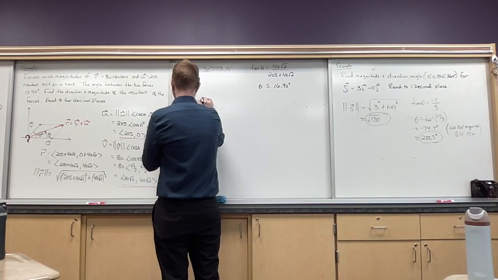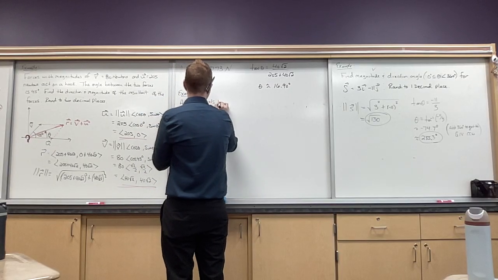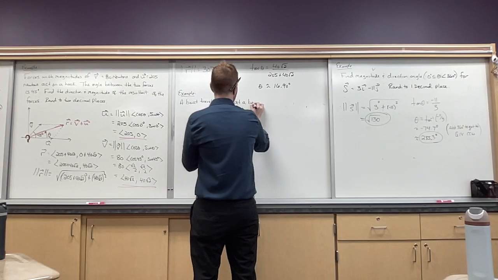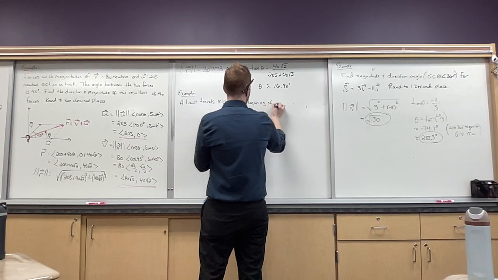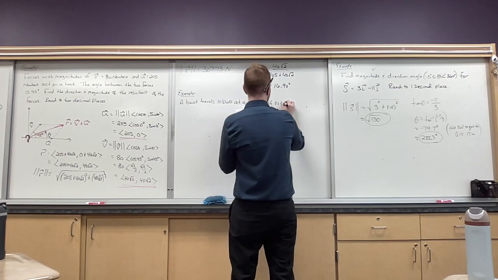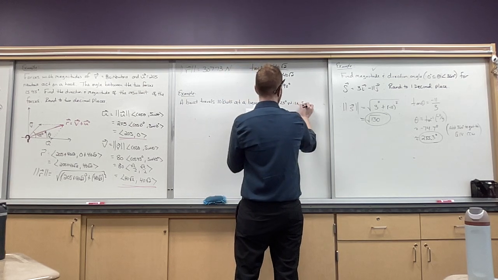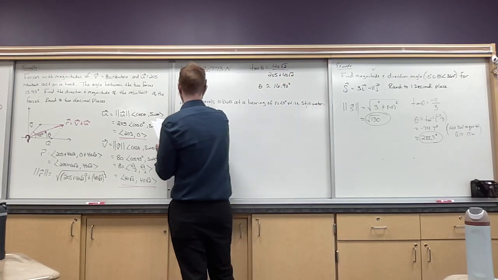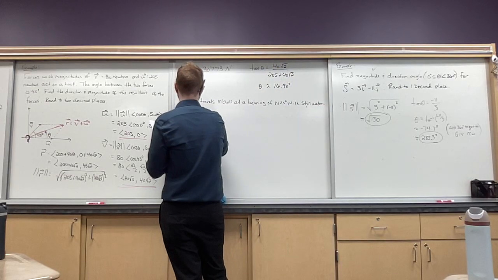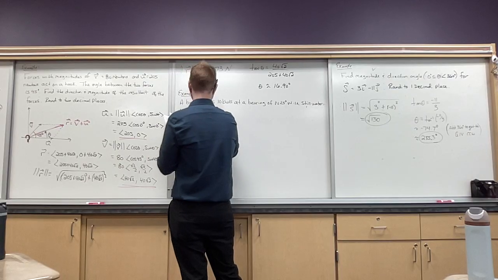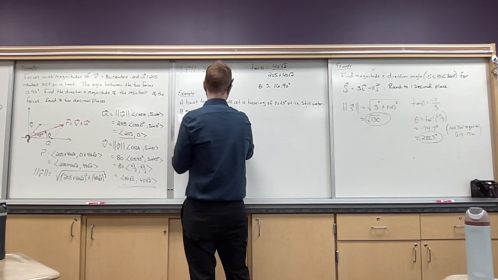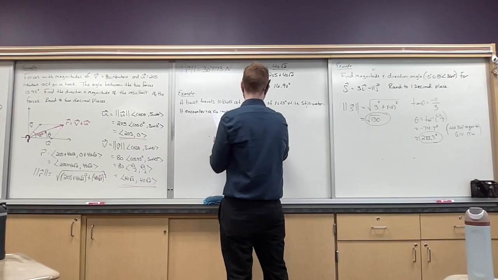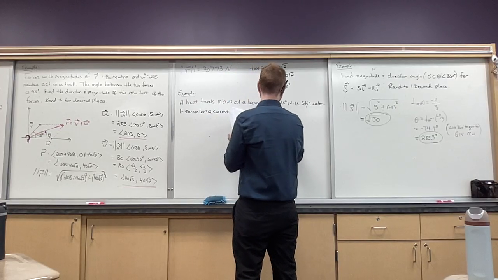So we have a boat that travels 10 knots at a bearing west of north of 25 degrees in still water. It encounters a current moving due west at 3 knots.